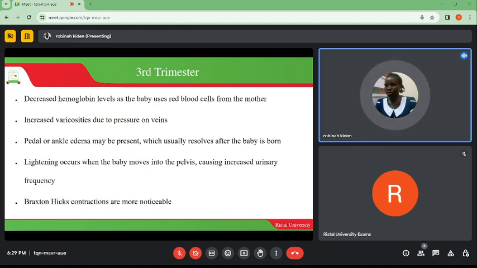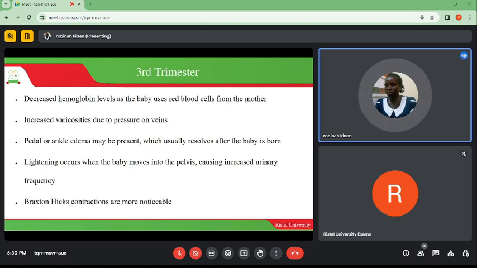There is also lightening occurring at this time, and this is because the fetal head is now entering into the pelvis, and as a result, creating a form of relief in the mother's upper abdomen, so she can be able to breathe. This is what is called the lightening.